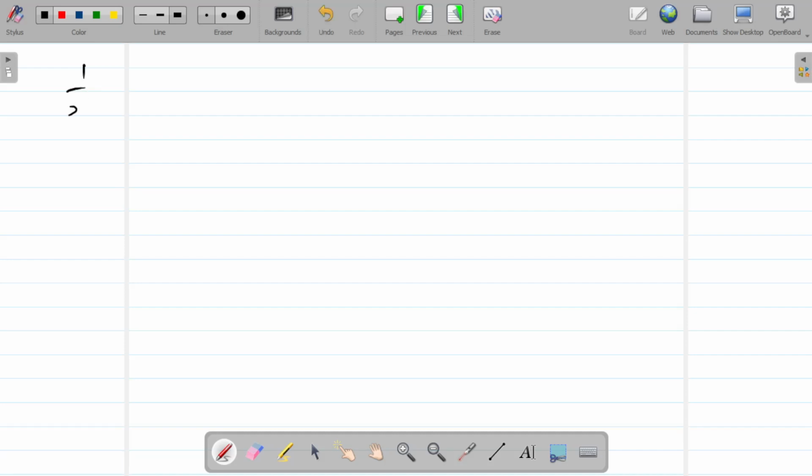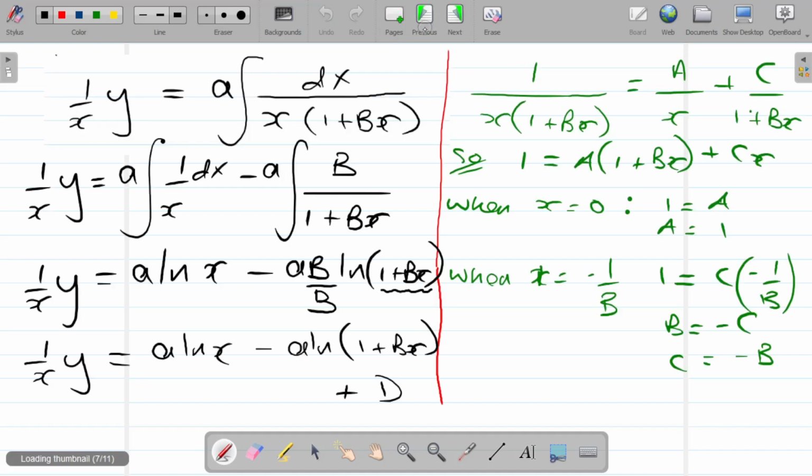I'll just write that out again. 1 over xy equals a log x minus a log 1 plus bx. I've actually put modulus signs in there, plus d, because before I just had brackets, but it doesn't really matter.